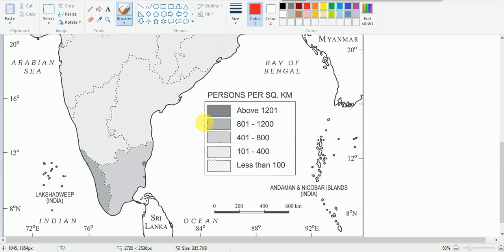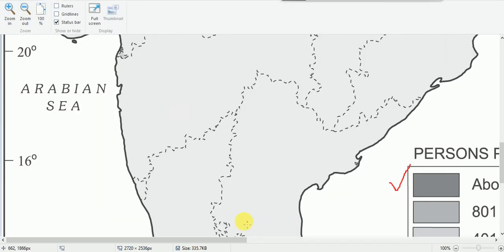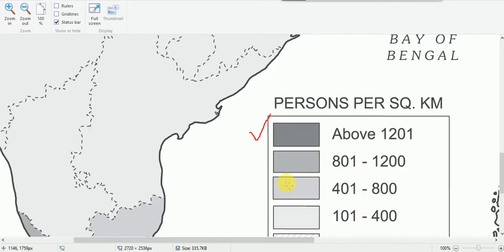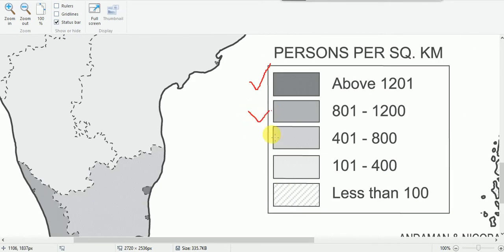The darkest color represents population density of more than 1,201. The second one is 801 to 1,200.